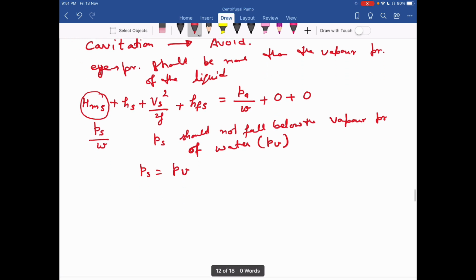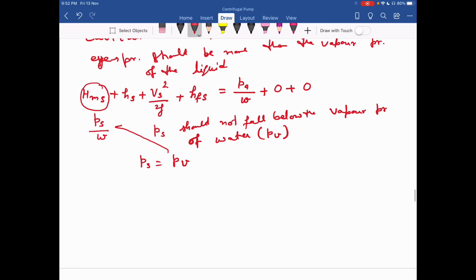So now I put this value of Ps over here, so I can write Pv divided by w plus Hs plus Vs square divided by 2g plus Hfs equal to Pa divided by rho g.